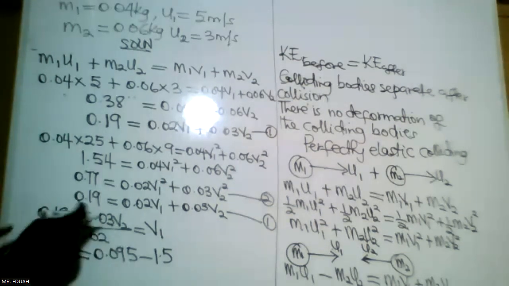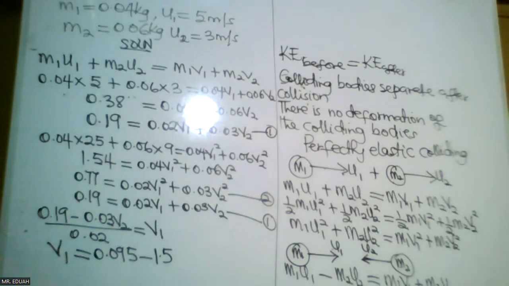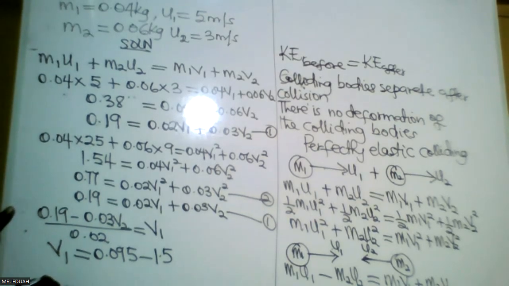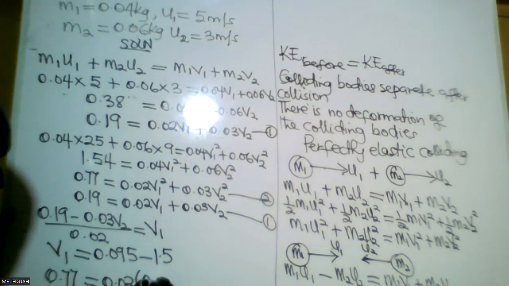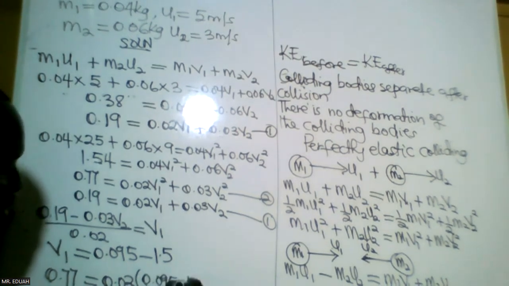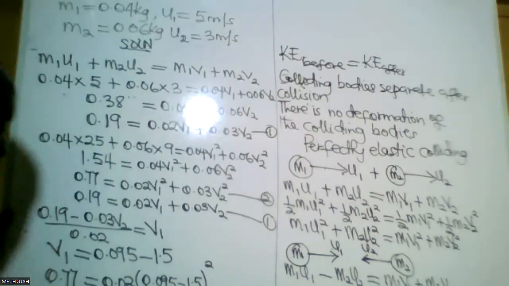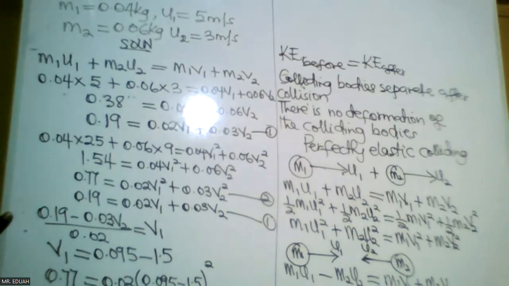So it will make it a bit linear. Else, when you leave it this way and your math isn't good, you can easily get it wrong. So 0.77 is equal to 0.02 times, you substitute whatever you have for V1, squared. Oh, sure. We omitted the V2.